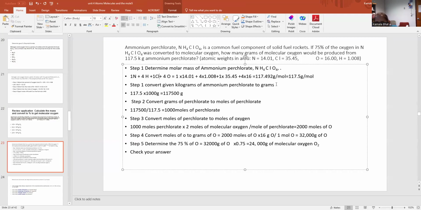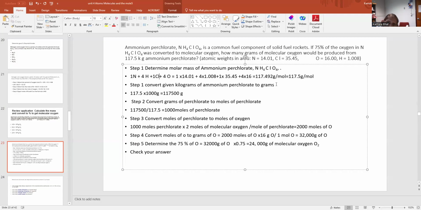You multiply each element by its atomic mass, and you get the total mass in grams per mole. Convert the kilograms given to grams. Then the next step is to convert the grams to the number of moles of perchlorate.